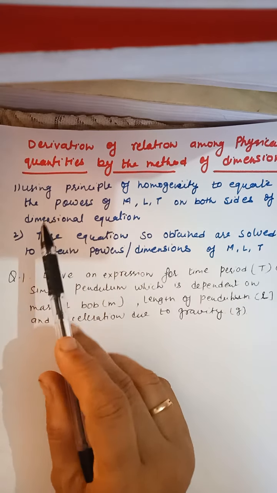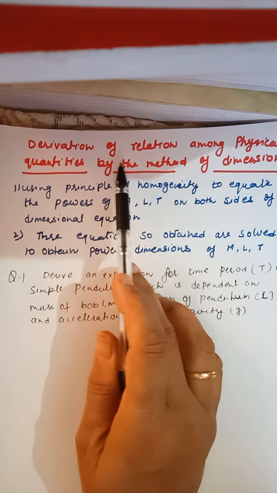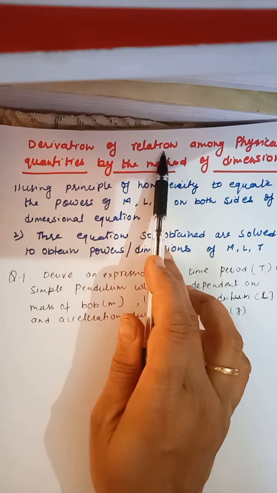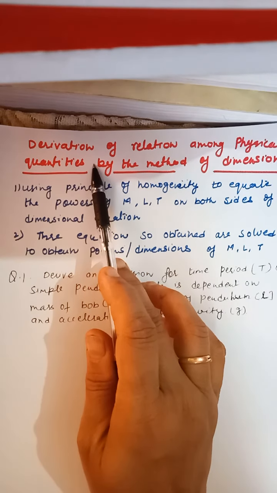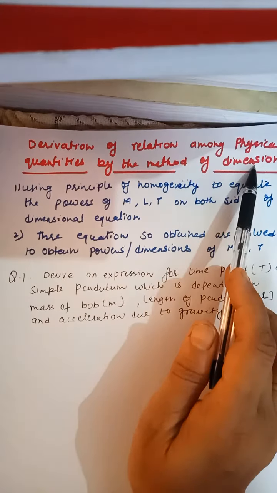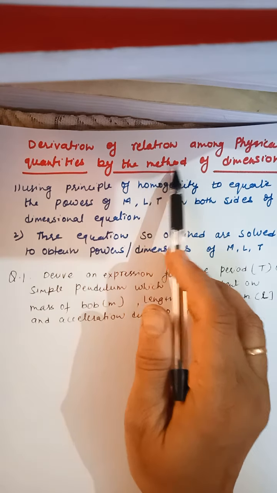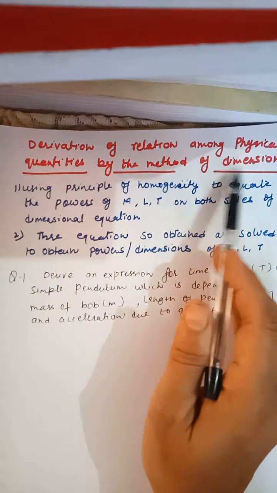Children, this is another application of dimensional analysis, that is, derivation of relations among physical quantities by the method of dimensions. To derive the relation among physical quantities by this method, you have to use the principle of homogeneity to equate the powers of mass, length, and time on both sides of the dimensional equation.